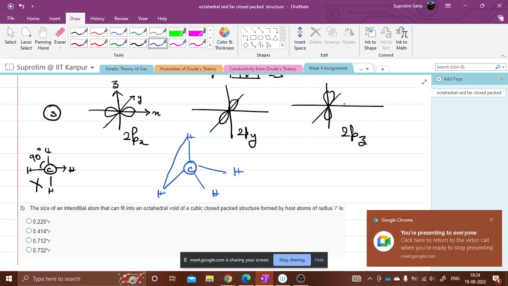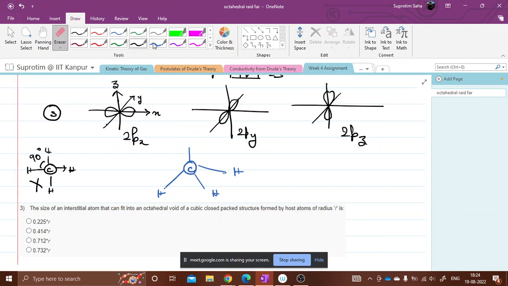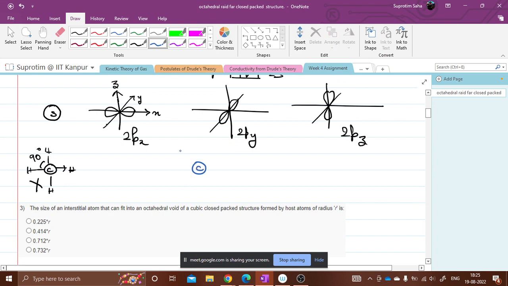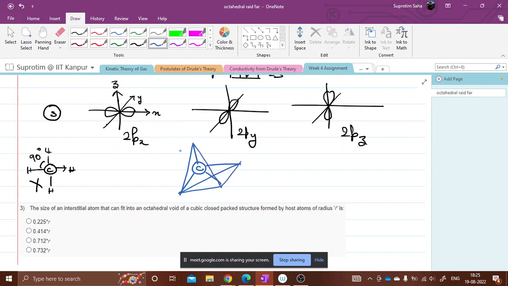Let me draw it fresh. So this is carbon, and these are all hydrogen atoms: 1, 2, 3, and 4.